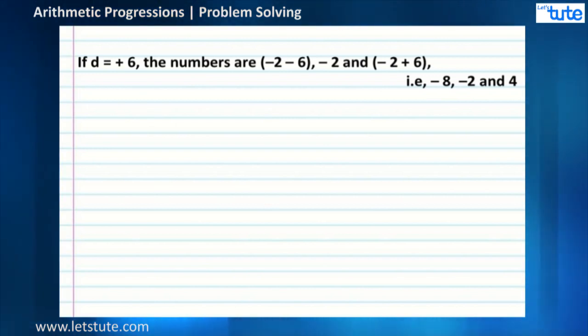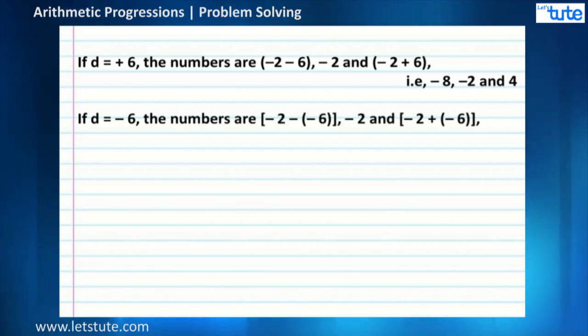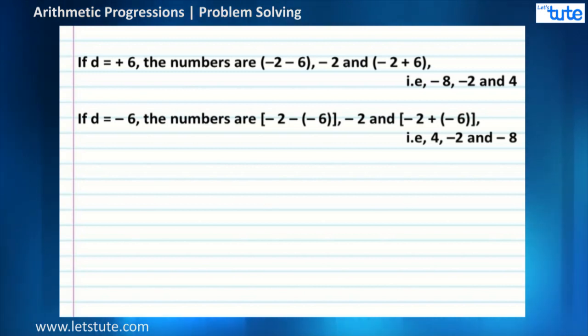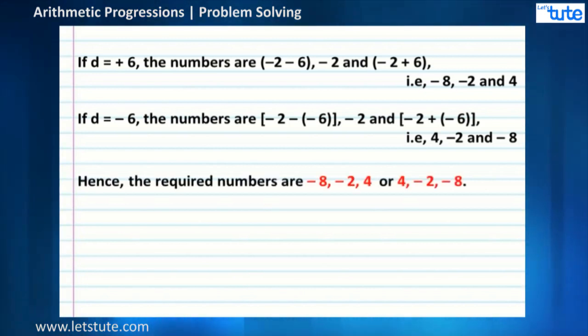Similarly, if D is -6, the numbers will be -2 minus -6, -2 and -2 plus -6. That is 4, -2 and -8. So finally, we cracked this clue too. The required numbers are -8, -2, 4 or 4, -2 and -8.